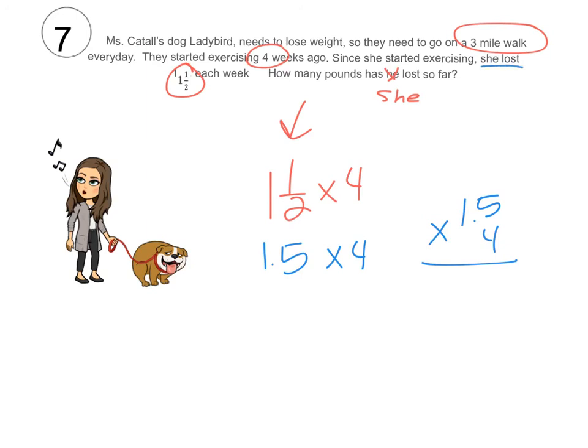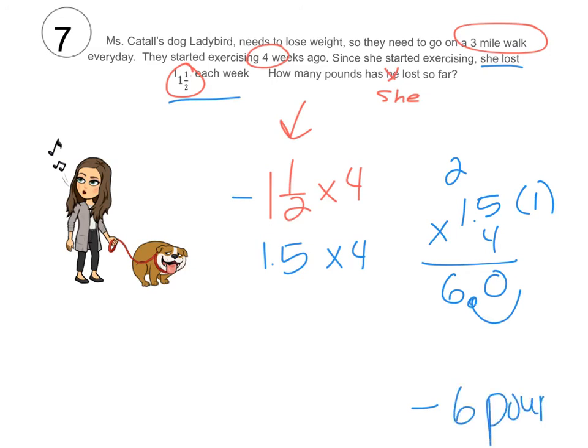So she lost 1.5. So this should be a negative 1.5, just to clarify. So our answer will be negative in the end. So back to multiplying. 4 times 5 is 20. Carry your 2. 4 times 1 is 4 plus 2 is 6. You're going to need one number behind your decimal place. So we get negative 6 pounds. And that's it.